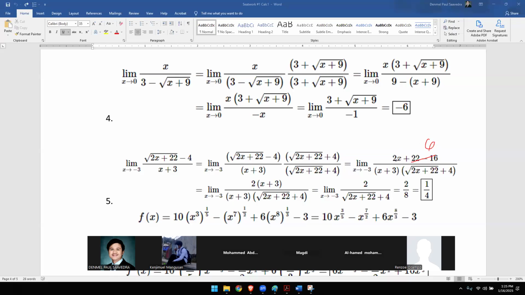Factoring 2 out of 2x plus 6 gives 2 times x plus 3. And then as you can see, we can cancel out x plus 3 in our numerator and in our denominator, retaining the 2 over square root of 2x plus 22 plus 4. Afterwards, we can substitute negative 3 for x, and that would give us 2 over 8, or just simply 1/4.